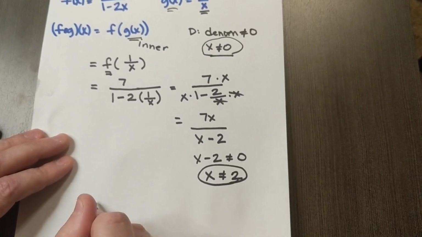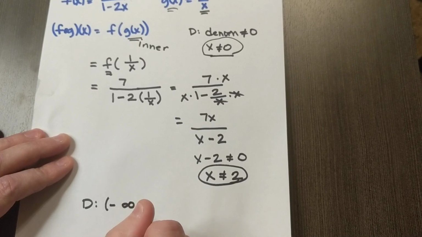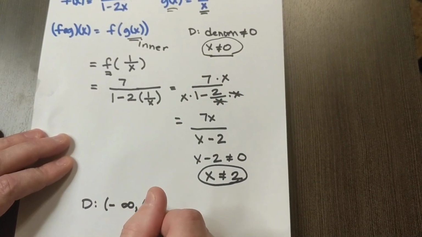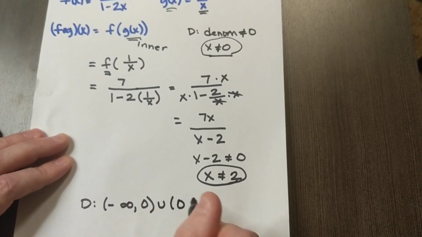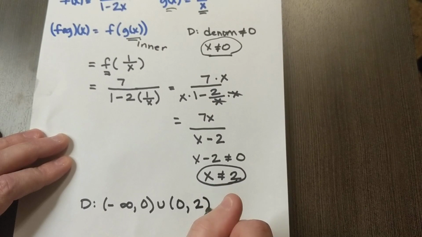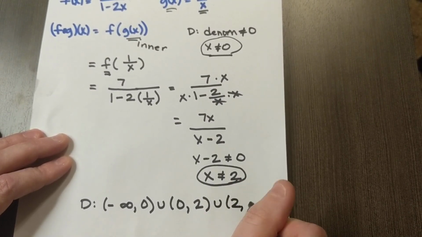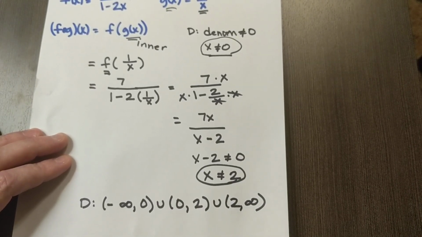Our entire domain would start at negative infinity, go up to 0, then from 0 over to 2, and then from 2 to infinity. So there's how you find the domain of a fraction like this.